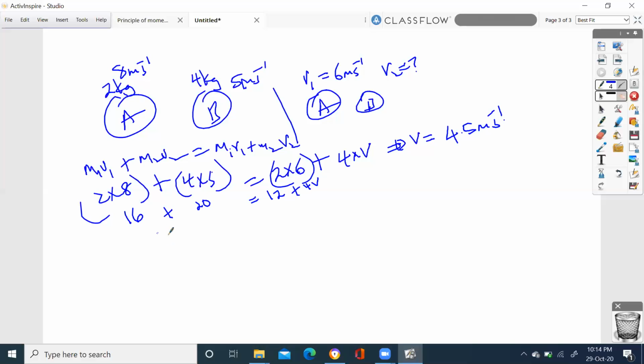So this is 36 equals 12 plus 4v, implying that 4v equals 36 minus 12. You get 24. So v is equal to 6.